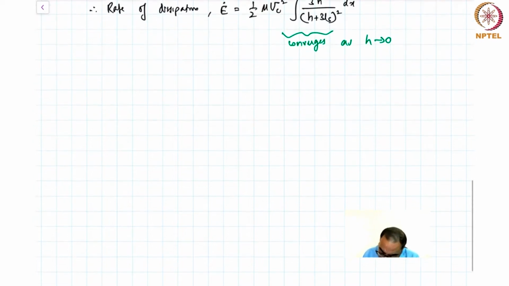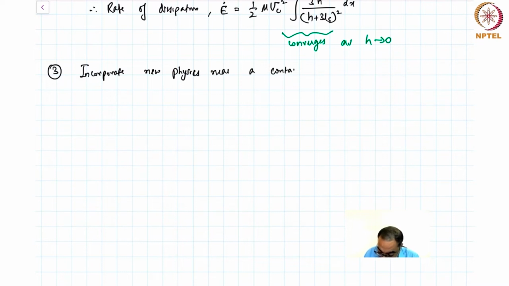Now the third kind of approach is to incorporate new physics near a contact line. Broadly there are two approaches.